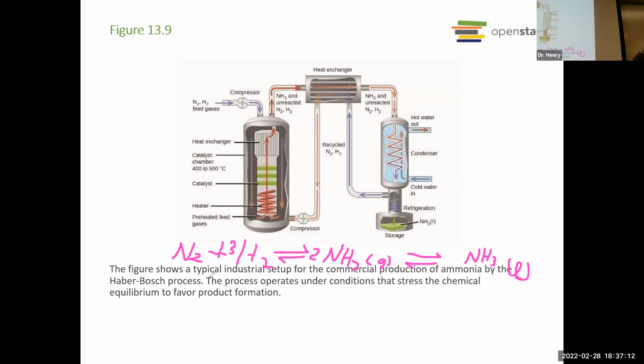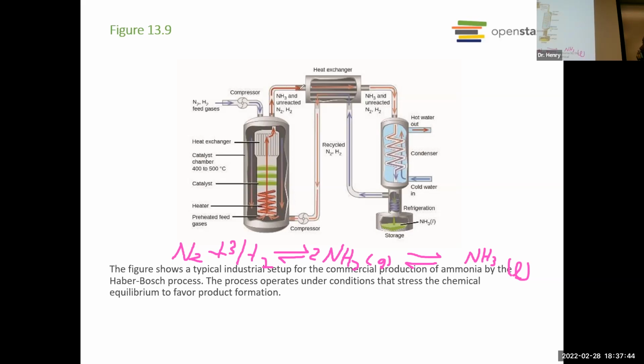Okay, so there's our chemical equation, right? So here the gas enters, then the gas travels down here, it's heated up, and then it's continuously heated, and then it travels up here, and by that heating, we're getting the reaction and the formation of ammonia gas, and we'll have just more of our products.